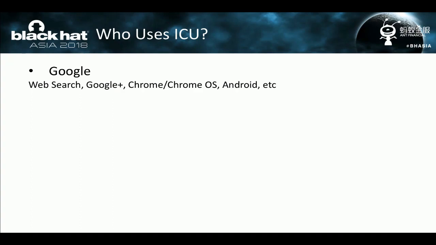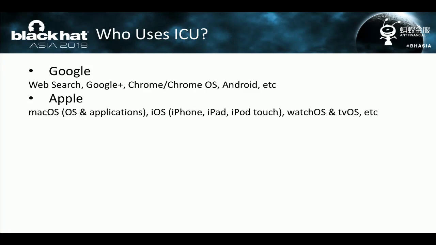There are many products, companies, and organizations reported to be using ICU, like Google's Web Search, Google Plus, Chrome OS, and Android. And from Apple, macOS, iOS, and watchOS are also using ICU.